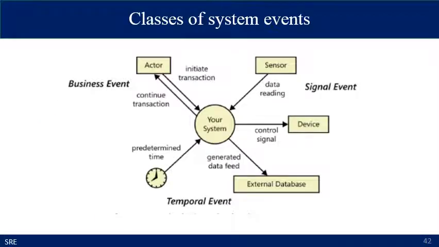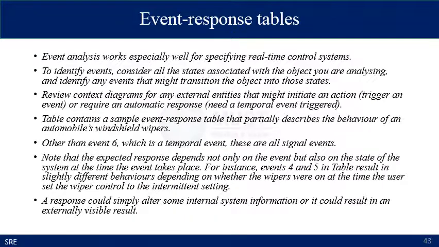So here is an example of an event response diagram or table which identifies the different types of events, such as business, temporal, and signal events, and their relevant properties. As specified earlier, event analysis works especially well for specifying real-time control systems.